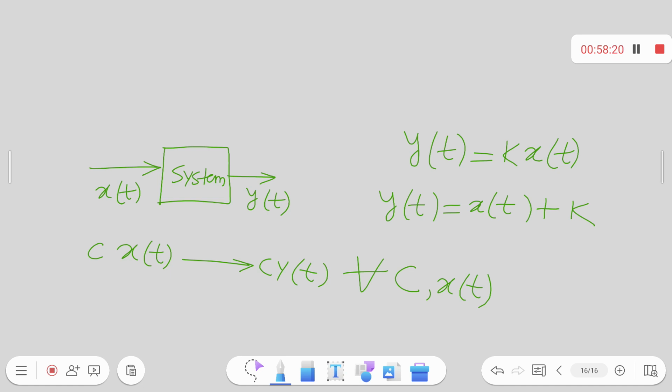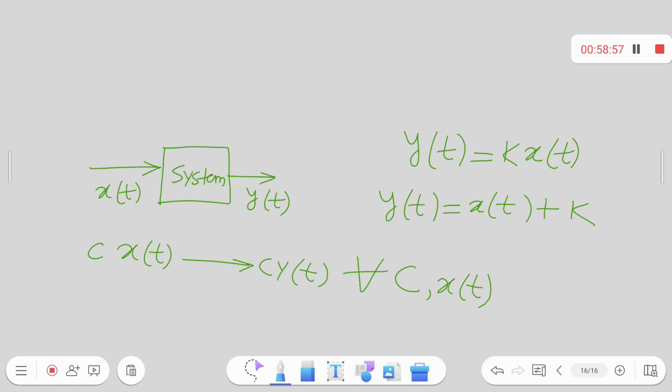Okay. Now, can you give me an example of a system which is additive but not homogeneous? Any system which is additive but not homogeneous. Is it an additive system?